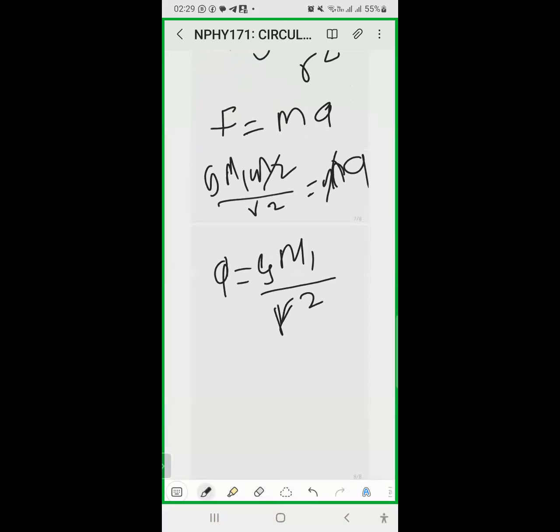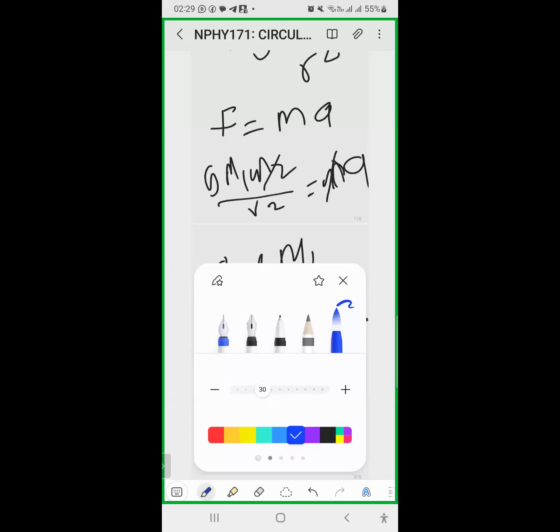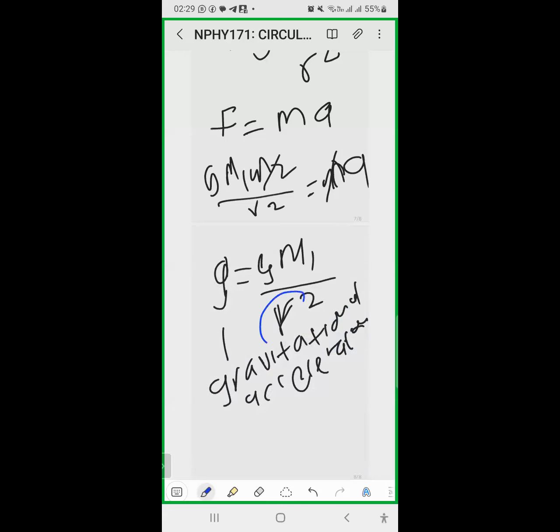This g is known as the gravitational acceleration. This gravitational acceleration depends on the value of r, the separation distance between the Earth and the object.